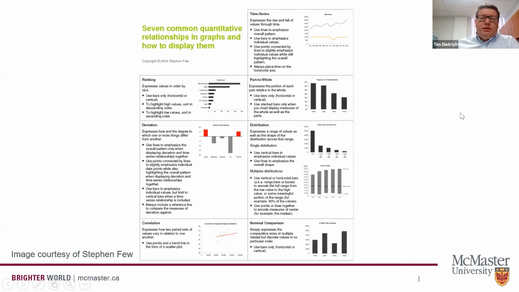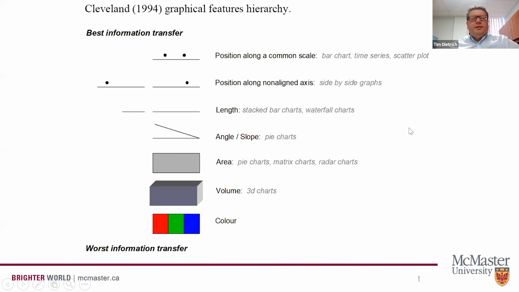And so these are really the only types of relationships we need to uncover in a quality improvement project. And there's some guidelines on how to describe that. And Cleveland in 1994 did some interesting research around how we as humans process information, and depending on the nature of the display, how best that information transfers to us.